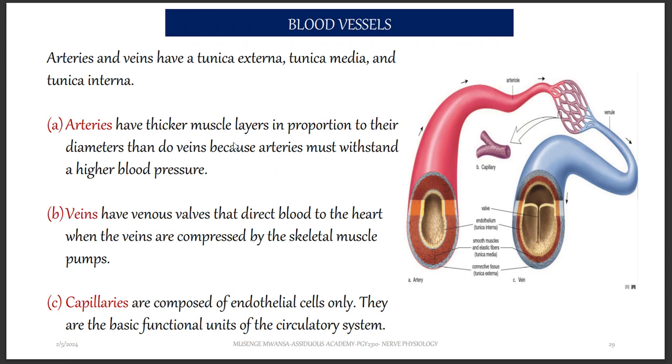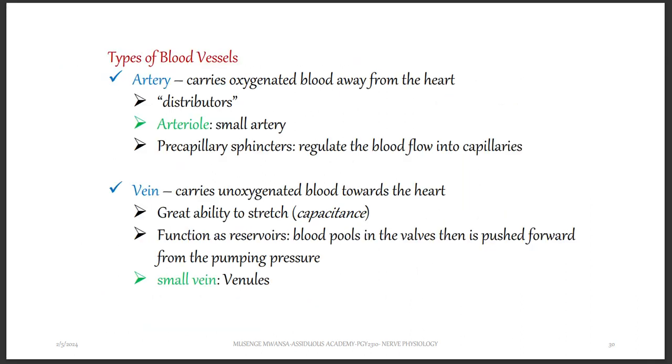These have thick muscle layers in proportion to the diameter. You can see very thick muscle but small diameter, opposite to the veins, which have a big diameter but a small muscle layer. And then you also have capillaries, which connect the veins and the arteries, actually venules and arterioles.